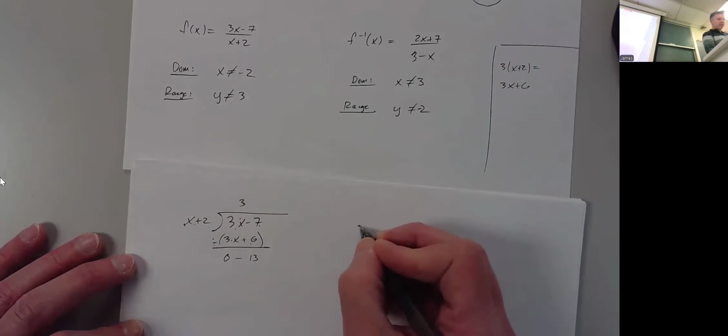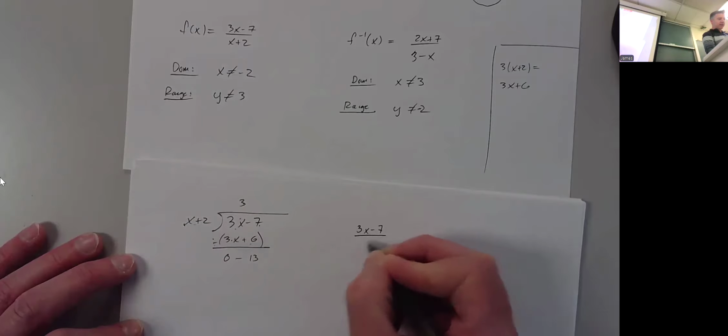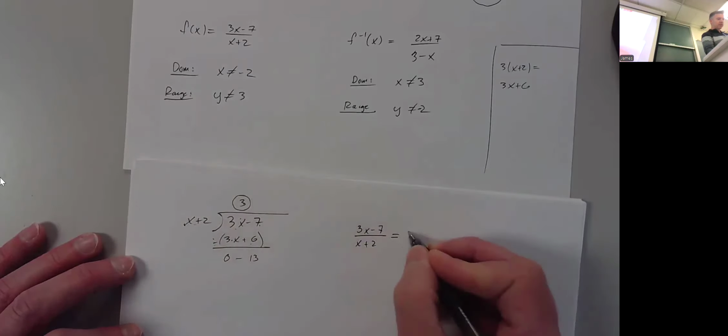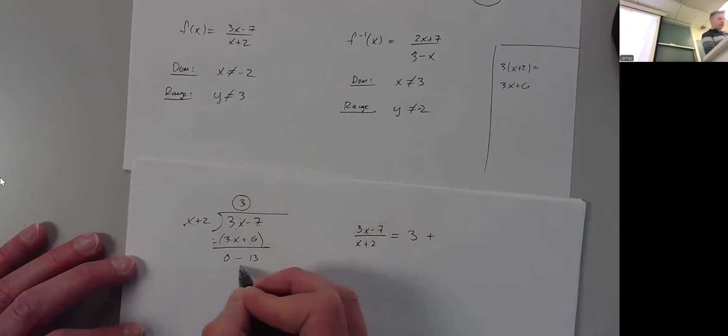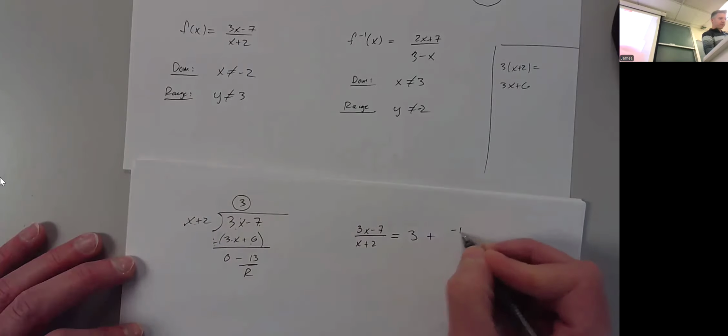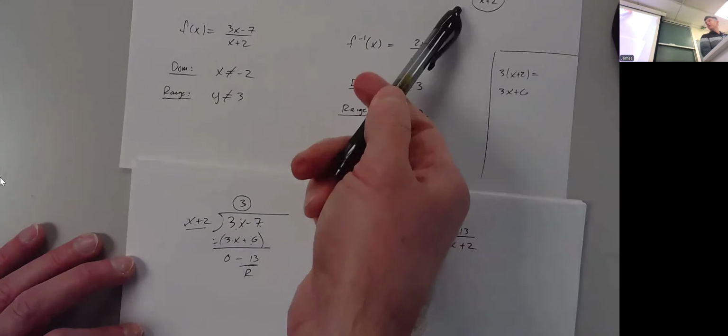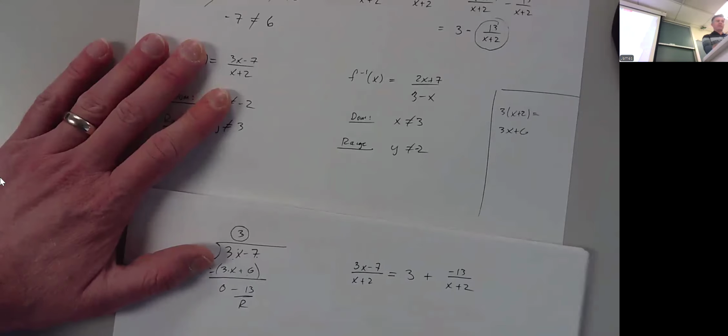So then (3x - 7)/(x + 2) is equal to the quotient plus the remainder divided by the divisor. Same expression I have up here, which you can't see. Just a more typical way of getting there. But I was trying to take a shortcut.